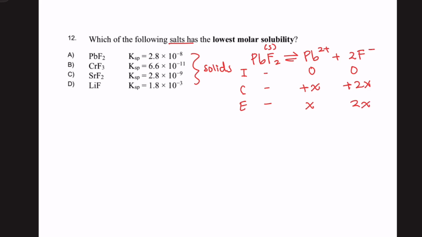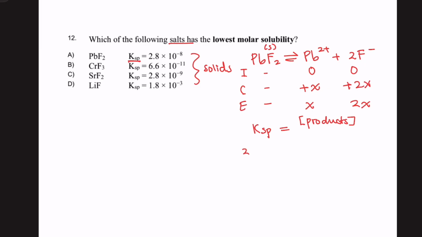So now we know the KSP value, and we're going to use that to calculate X. So it's KSP equals the concentration of the products. And we don't have any reactants, so it's just going to be the concentration of the products.